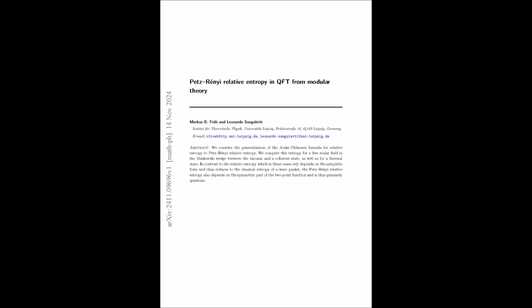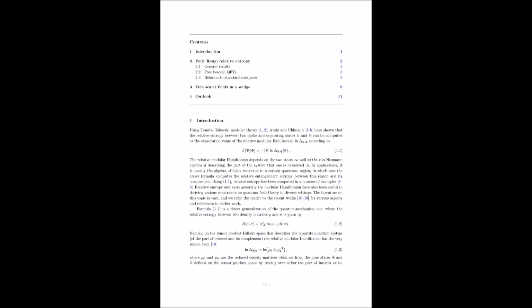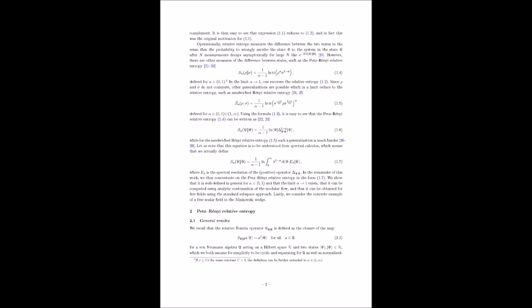It is, but they carefully demonstrate that this definition is well-behaved and consistent with our expectations for entropy measures. They prove that the Petz-Rényi relative entropy is always non-negative, and that it increases monotonically with the parameter alpha. This ensures that we're dealing with a meaningful and robust measure of information. So it passes the mathematical sanity check, so to speak.